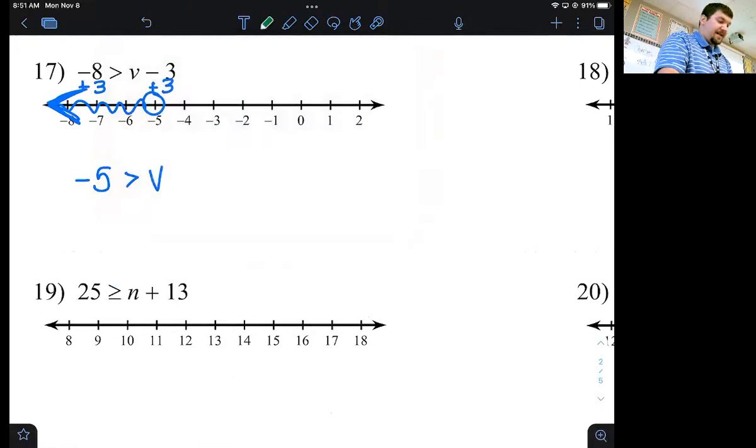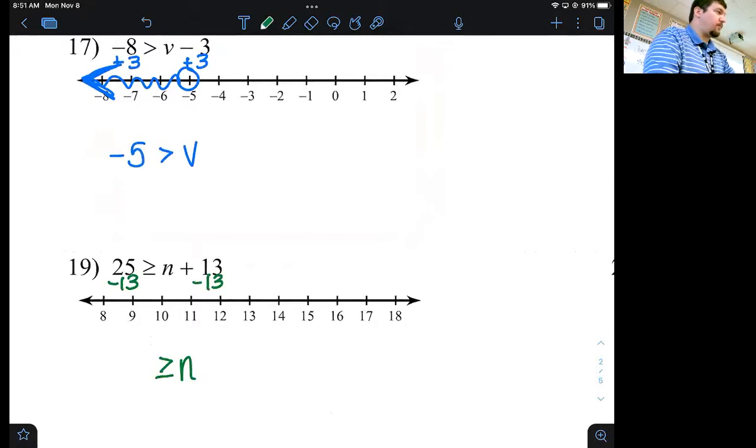Number 19, Maddie Yentes, what do I do to both sides? Okay, either way, I like it. N is going to stay on that side, and then 25 minus 13. 12.